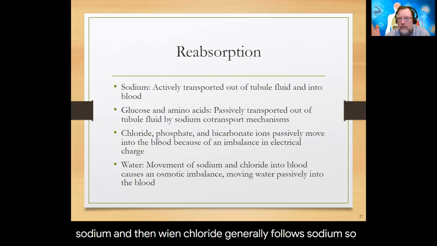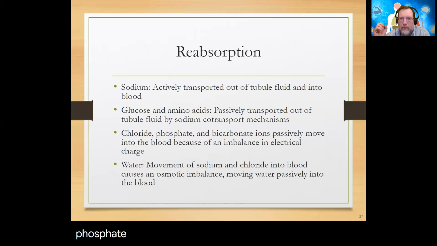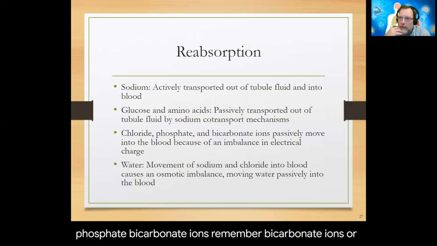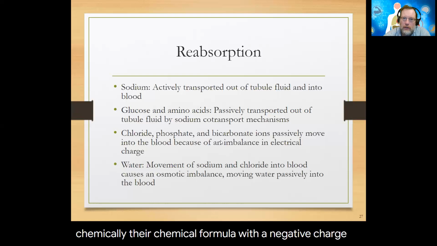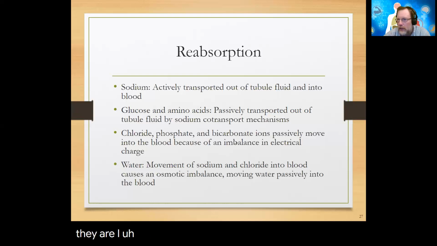So phosphate, bicarbonate ions. Remember, bicarbonate ions are for buffering. We'd see these usually as HCO3 with a negative charge when written as their chemical formula. Okay. They are ions, or negative ions, or anions.